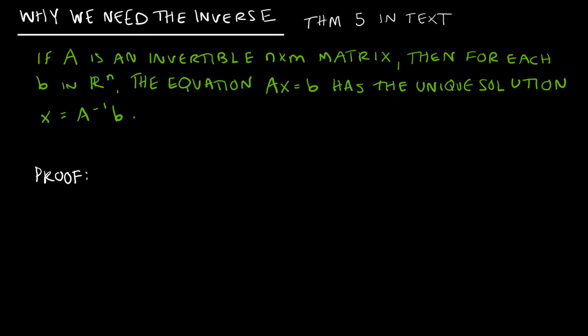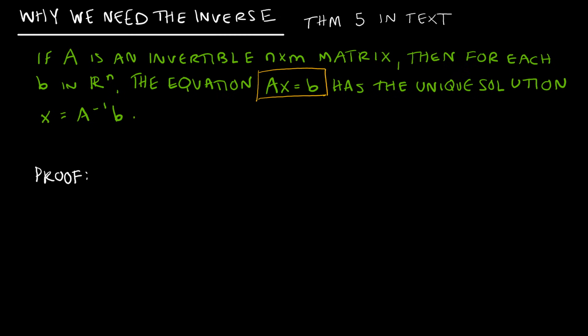Theorem 5 in your textbook says if A is an invertible n by n matrix, then for each b in Rn, the equation Ax equals b has the unique solution x equals A inverse b. What does that mean? Before we talk about proving it, why is it important? Previously, we've done a lot of solving of systems in the form Ax equals b.